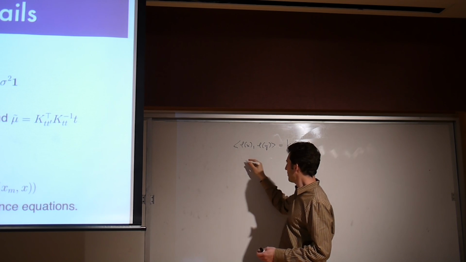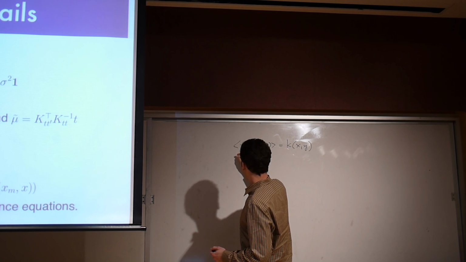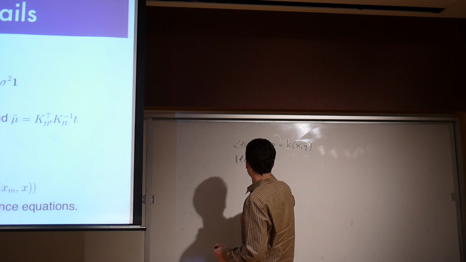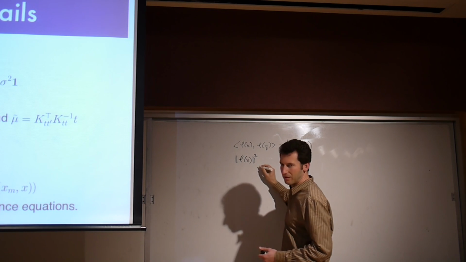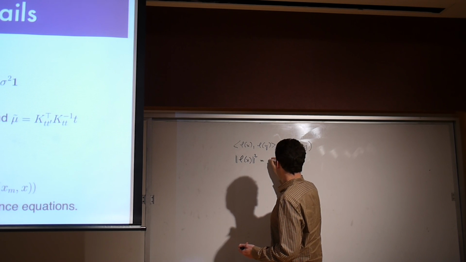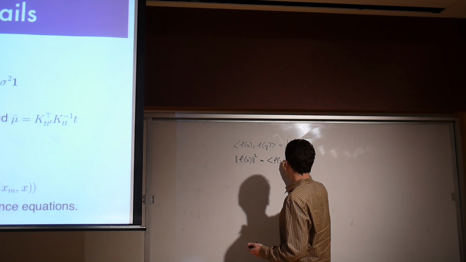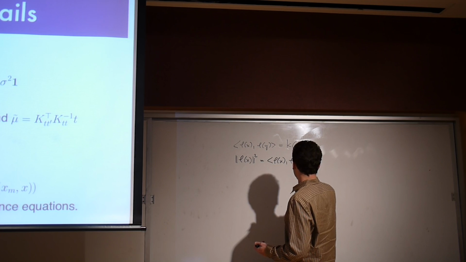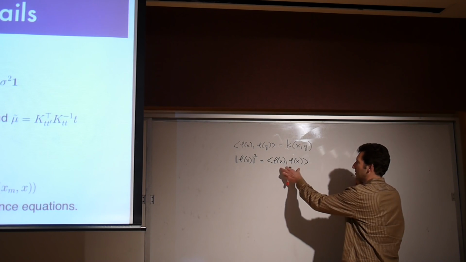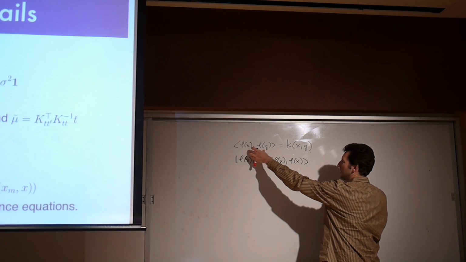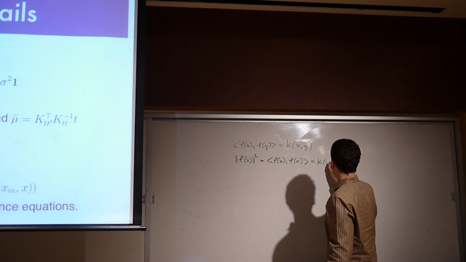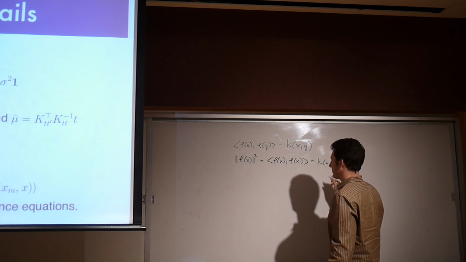Now, if I want to compute the length of phi of x, the squared length, just the norm squared, is nothing else but the inner product between phi of x and phi of x. Right. Now we know how to compute that, because that's exactly what we did up here. So this equals k of x and x.